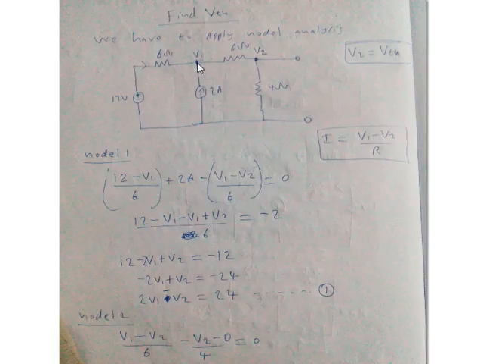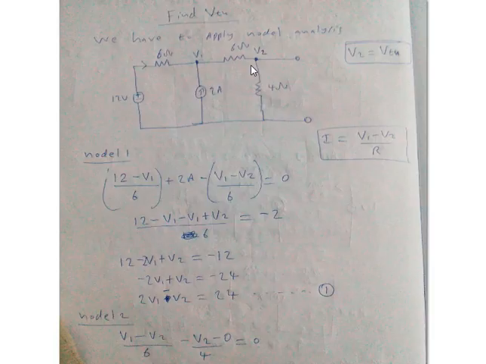Here you don't know the value of this node, and this node also you don't know the value. They are in between two resistors. We have to know the value of these two nodes so that we can easily find V2. V2 is equal to VTH.